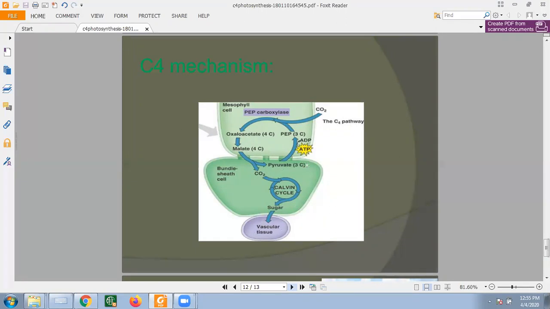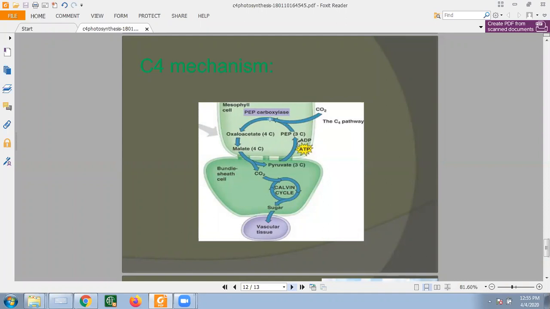Here, the 3 carbons of the pyruvate again enter into the mesophyll cell. Again, it utilizes one molecule of ATP and reacts. The pyruvate has 3 carbons, so PEP also has 3 carbons. Again, atmospheric carbon dioxide is absorbed.